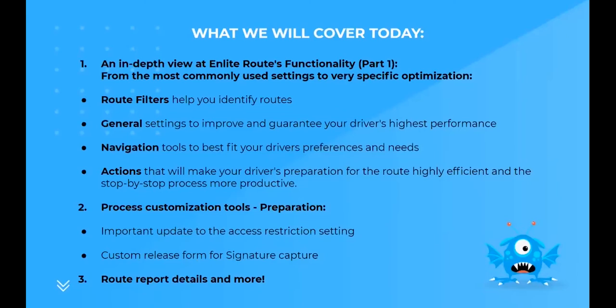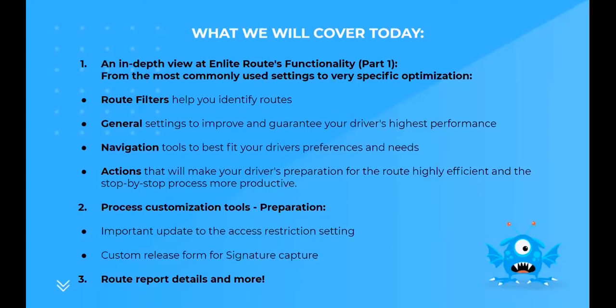General are used to improve and guarantee your driver's highest performance. Then navigation, which are tools used to fit your driver's preferences and needs. After that, we have actions, which will make your driver's preparation for the route highly efficient and the step-by-step process more productive.